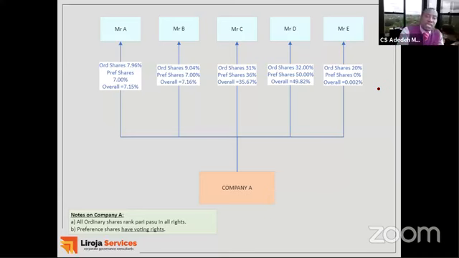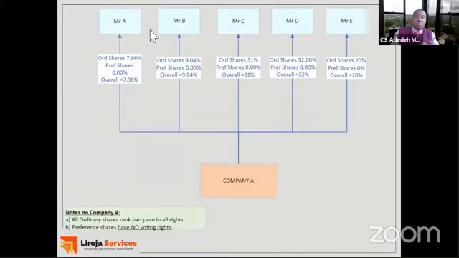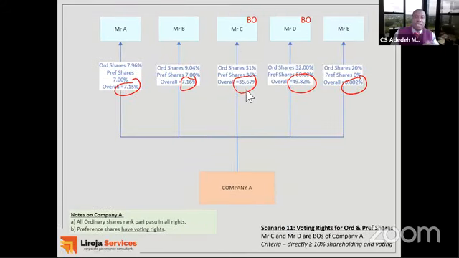Now, if we do that, we'll get 7.1%, 7.16, 35, 49, and 0.002 for Mr. E. Now, applying criteria 1 alone in terms of percentage ownership, we then get to identify Mr. C, Mr. D as beneficial owners on the basis that they own more than 10% of the issued shares of the company.